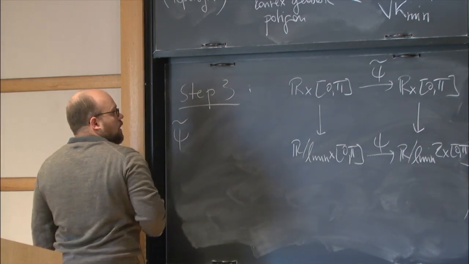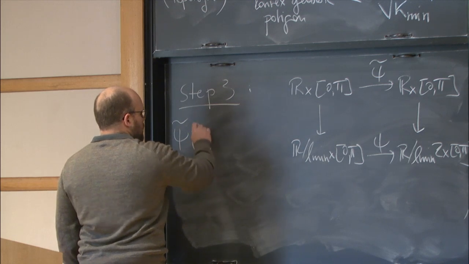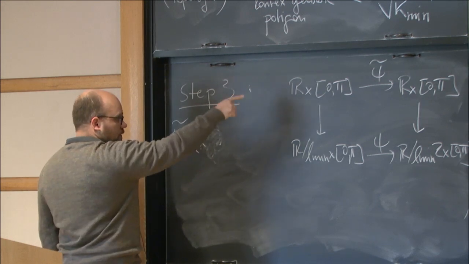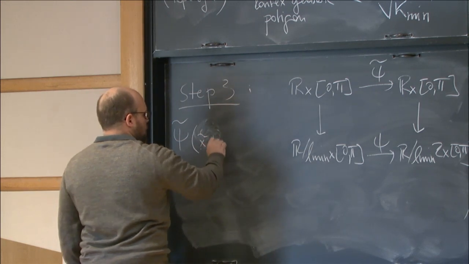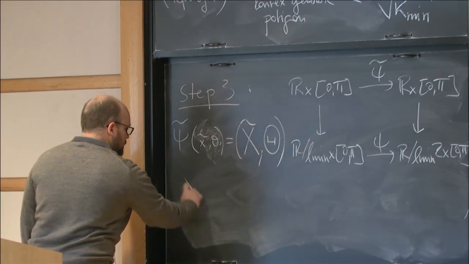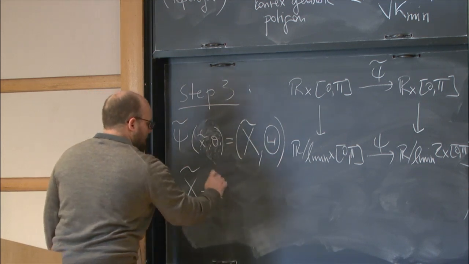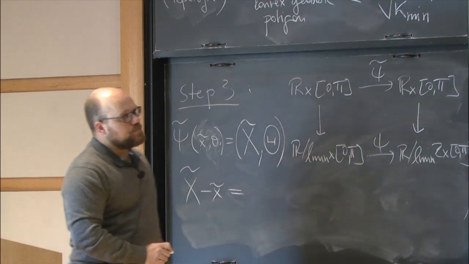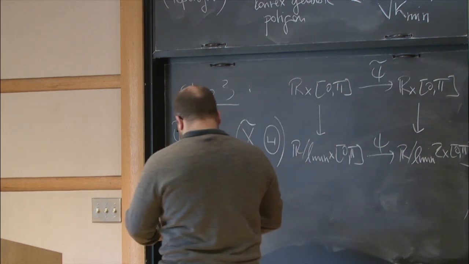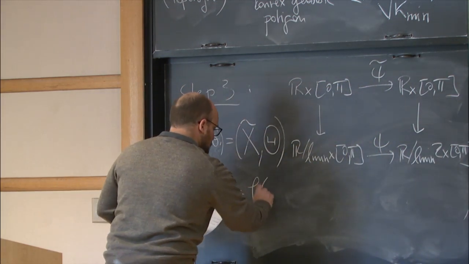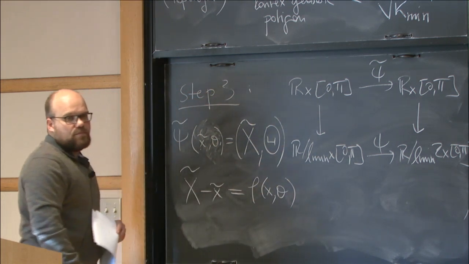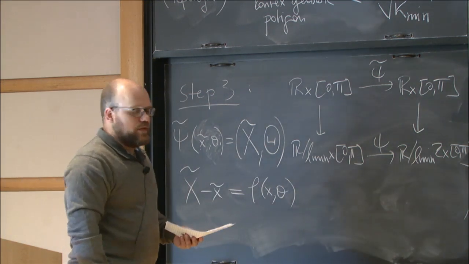If I write the lift to the universal covering, if I write x tilde, a real valued variable here, equal to big x tilde, big theta, then the translation is given by that function rho. And we're allowed to project on the annulus here. Just a basic fact about lifting maps on the annulus.